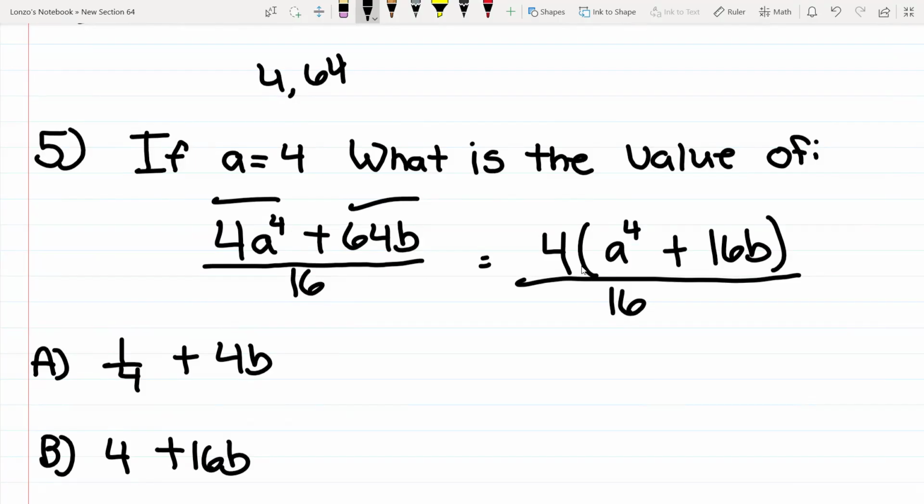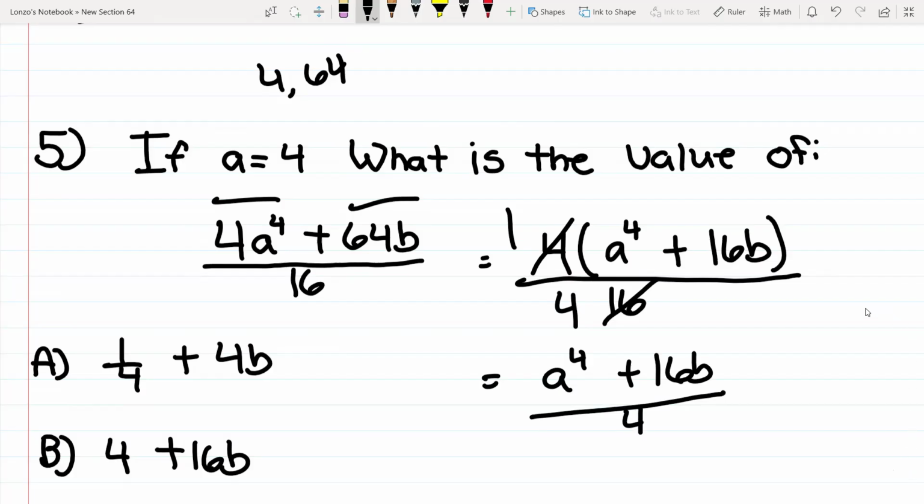And then what can you do next? The 4 and the 16, you can reduce by 4. So this is 1, and 16 divided by 4 is 4. So you have A to the fourth plus 16B over 4.